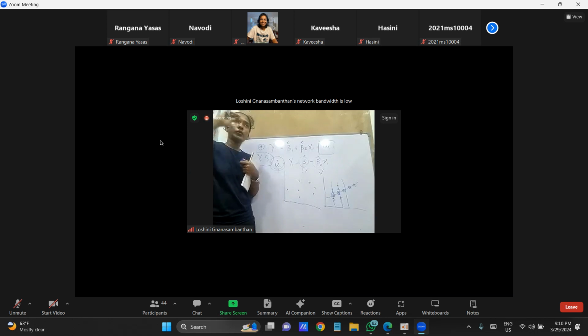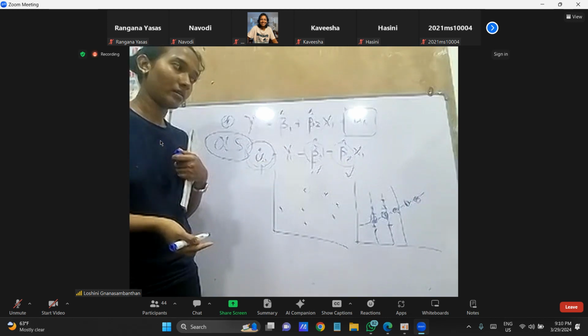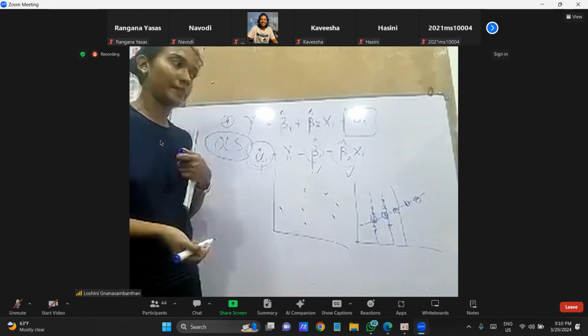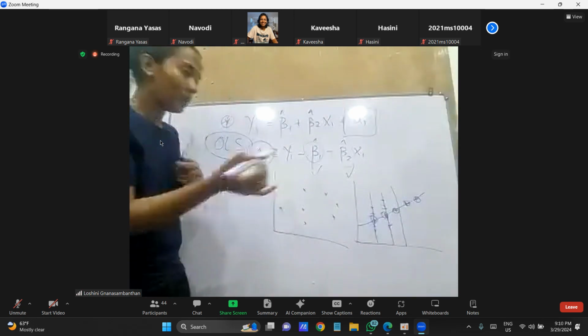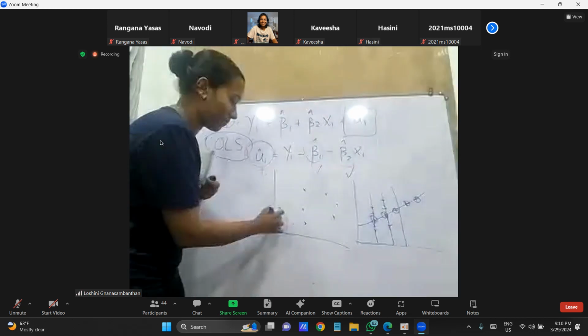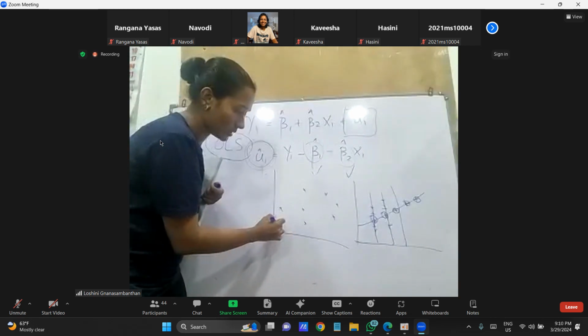We have to find that optimal line which will reduce the distance between the actual values and the line that we are estimating, the sample regression function, right? So let's say we estimate a line like this. I'll just have two lines, okay? So this is one.